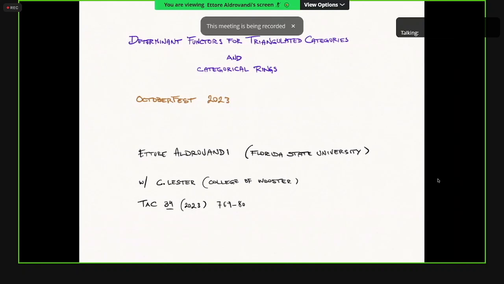Determinant functors is a wide subject, and the interest for me is in triangulated categories in general, but in particular for triangulated categories that have also additional structures. In particular, they have a tensor product.